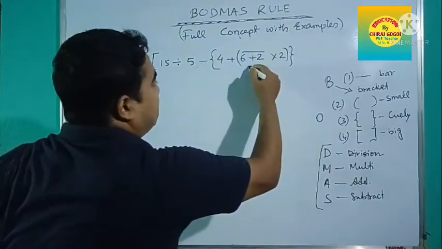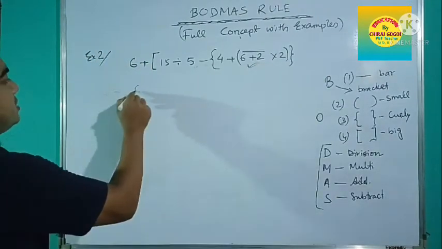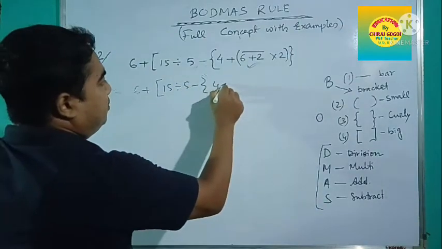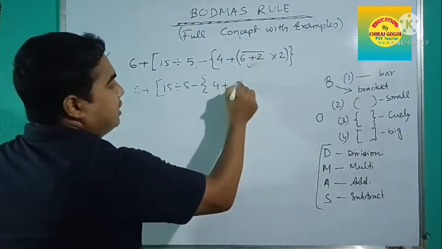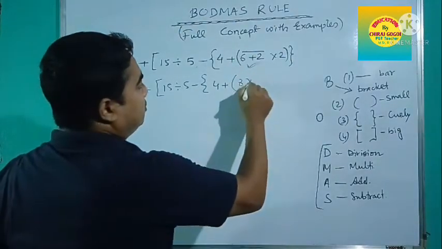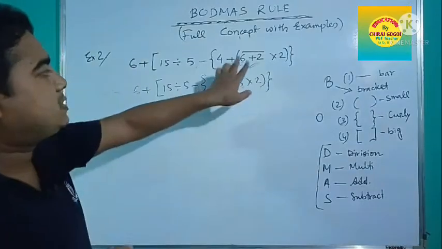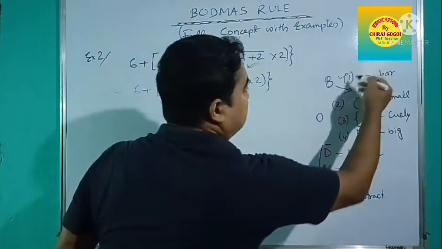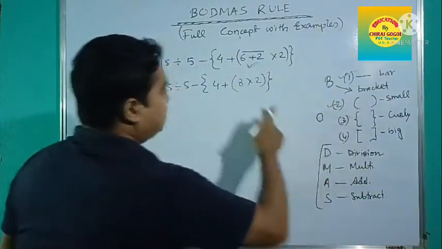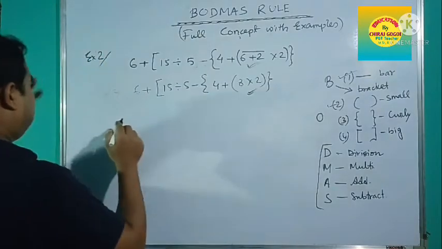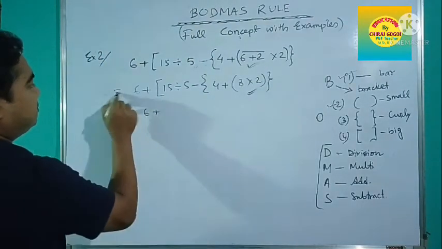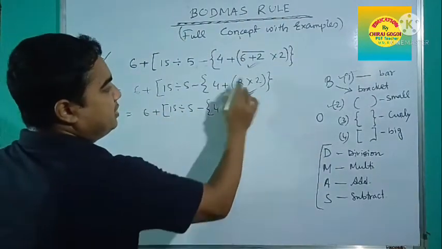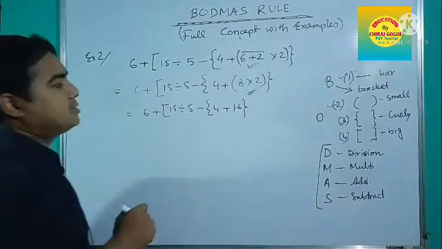Now in this example, this one is the bar, so at first we calculate in the bar. Write 6 plus 15 divided by 5. Next, in the curly bracket, 4 plus 6 plus 2 is 8. This one is the small bracket into the next number, 2. 6 plus 2 gives a single number, so the bracket is out.